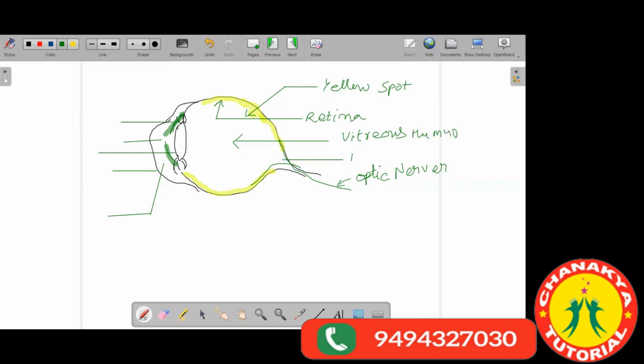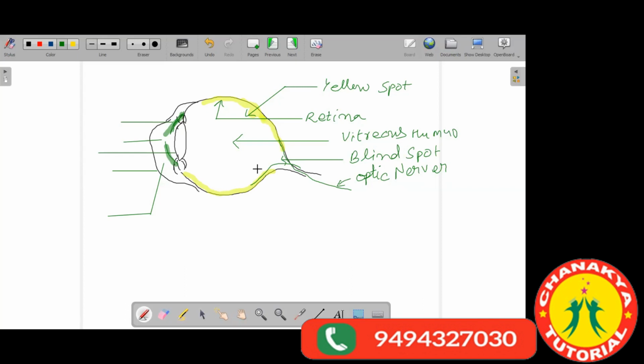And this is our blind spot or dark spot. See, the blind spot does not contain any cells of the retina. There is no portion of the retina present at the blind spot.